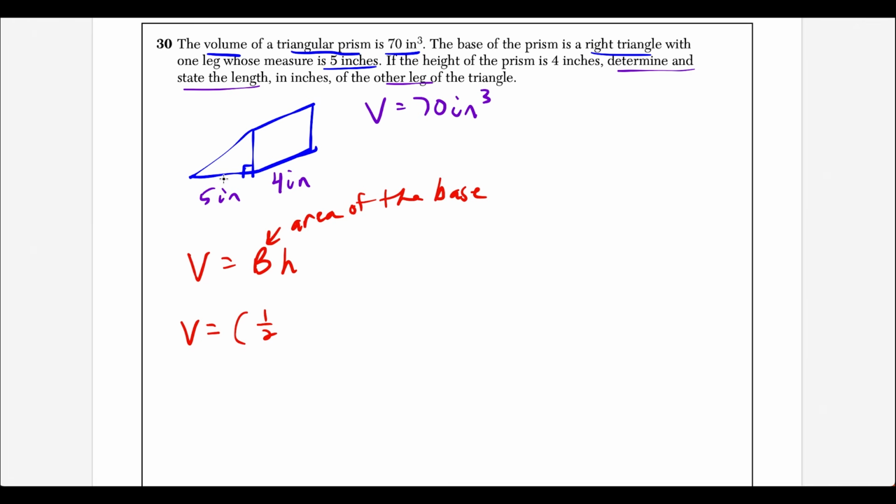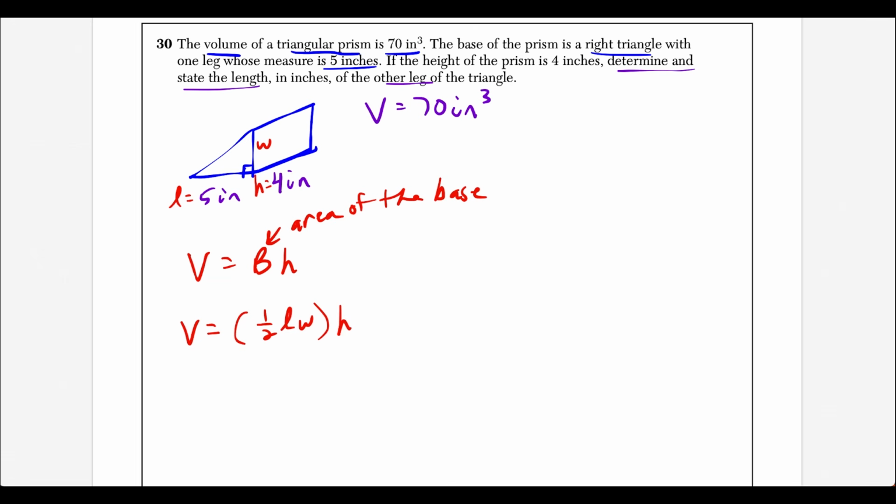Let's call this length and width. So I'm going to say 1/2 length times width, and then we're multiplying by height. Here, let's say this 5 inches is the length. The missing piece I'm going to call W, and the height here would be 4 inches.